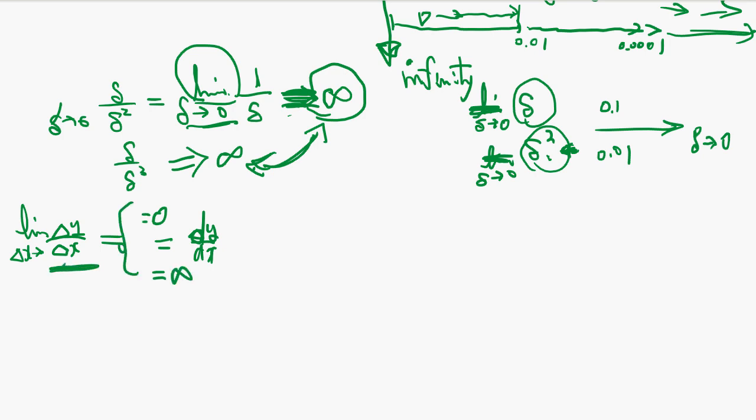The ratio can be anything. It can go to infinity, it can go to 0, it can go to some number we can handle. So the ratio of infinitesimal numbers, as delta x goes to 0, can produce a derivative.